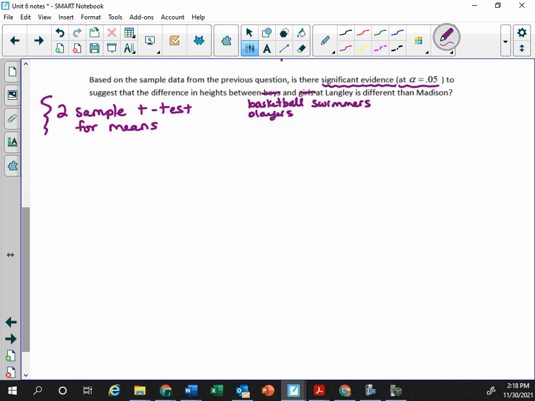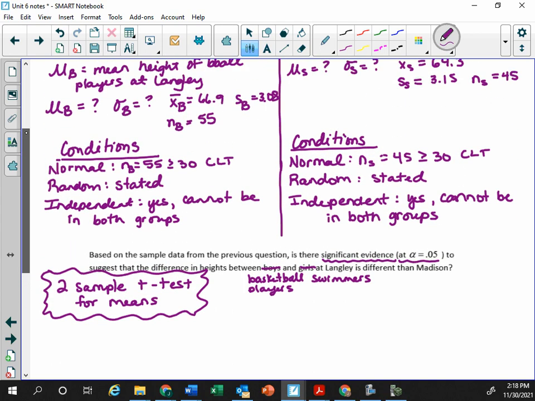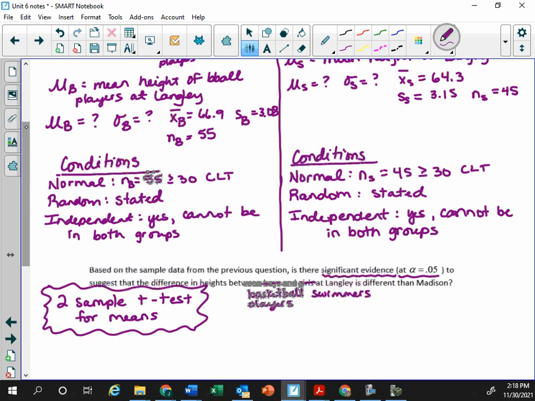Are we okay with why it's a t-test and not a z-test? Okay, so when we were going through this problem up here, the confidence interval one, did we know sigma in that part of the problem? No, okay? If we don't know sigma for part of it, we have to do the t-test. Okay? All right.